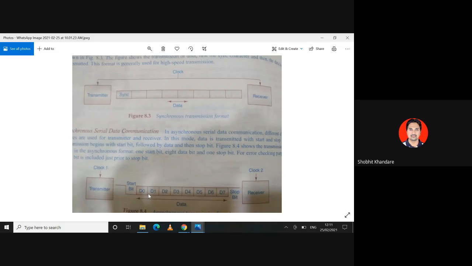Now, before I end, just for 1 minute, write down in the next para: the 3 special function registers which support serial communication are the SBUF register, the SCON register, and the PCON register.